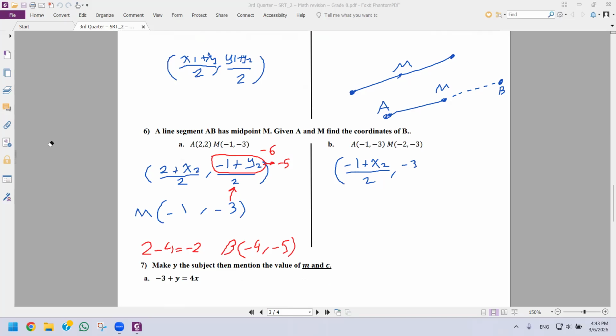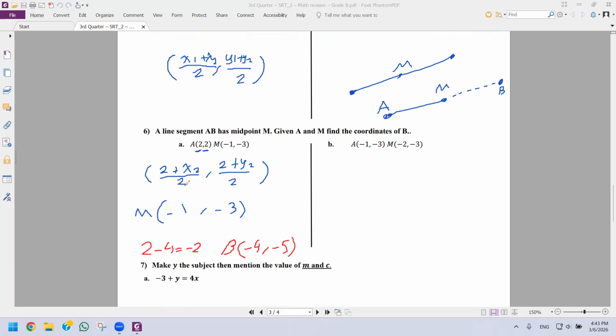Let's go back to do the first one. We said x1 and then y1. Did I pick this one? Not this one. X1, y1. This one should be chosen. So 2 plus x2 over 2, and then here 2 plus y2 over 2.